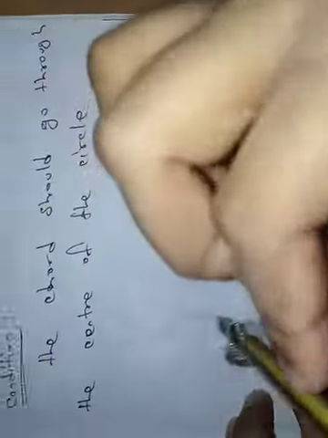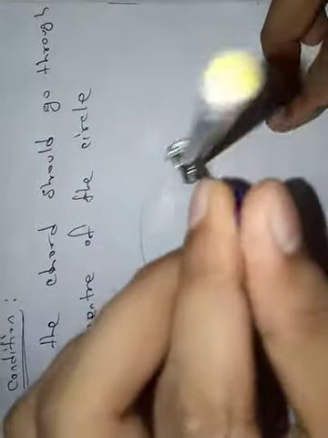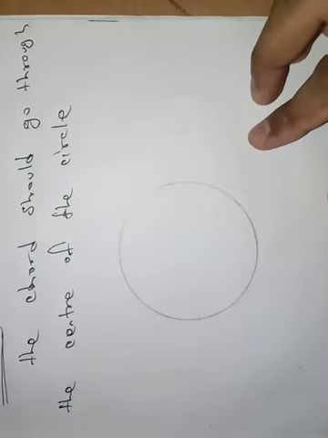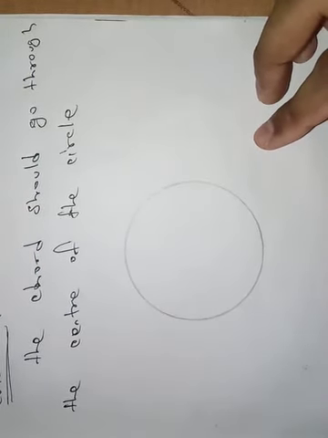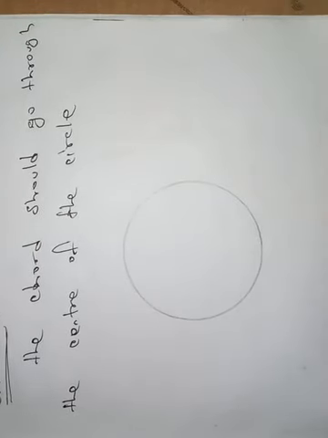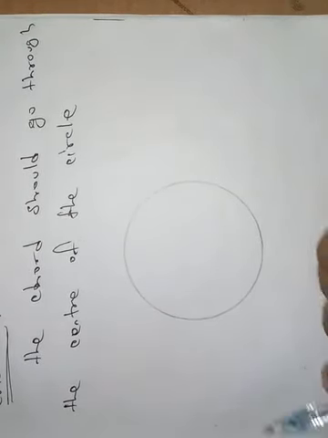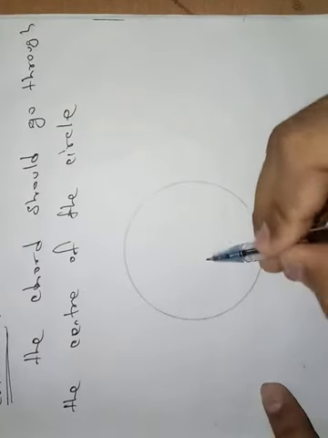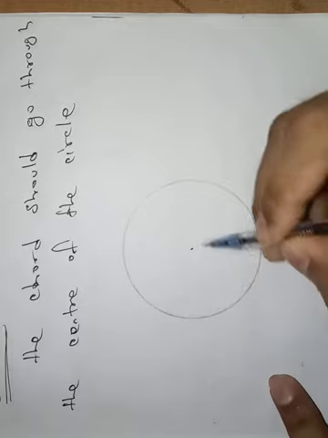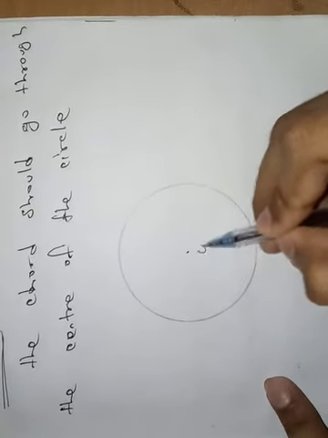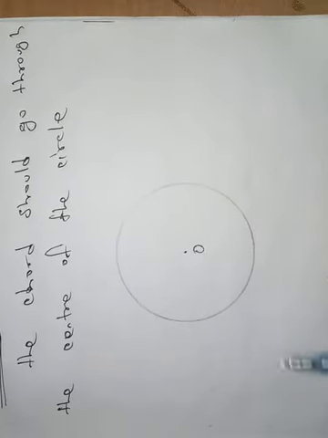In this class we will draw a lot of circles, so don't be bored. Well, I have drawn a circle. This is our fixed point, and we call the fixed point the center of the circle. Let's name the point O. If we join any two moving points of a circle, we have a chord.